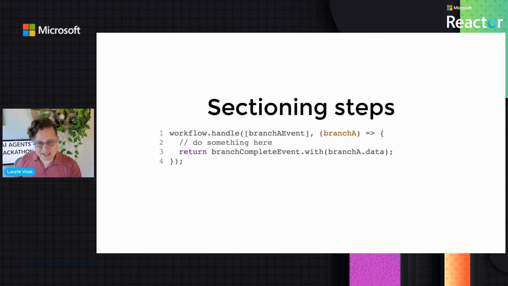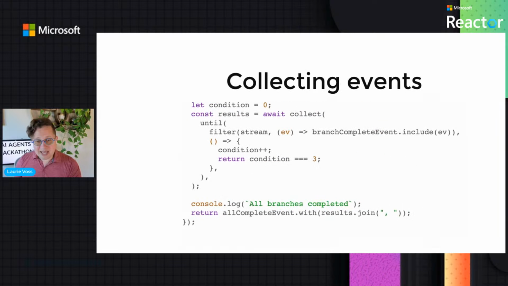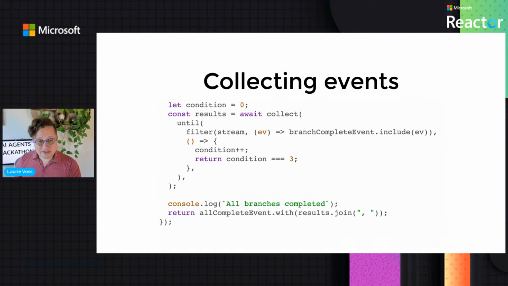The steps that we're triggering here are pretty simple. They all trigger a single event, the branch complete event. Those branch complete events are what we're going to look for in the output to know that we have completed those branches. Back in our starting step, we collect those events using collect, until, and filter.